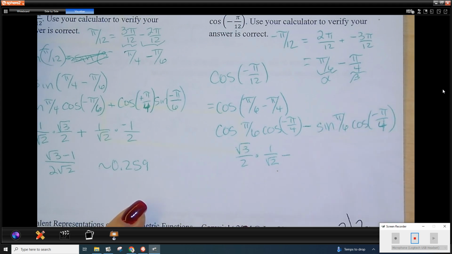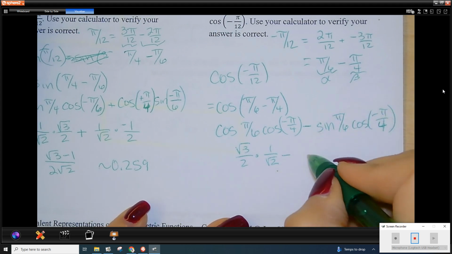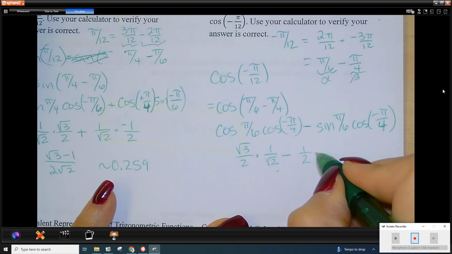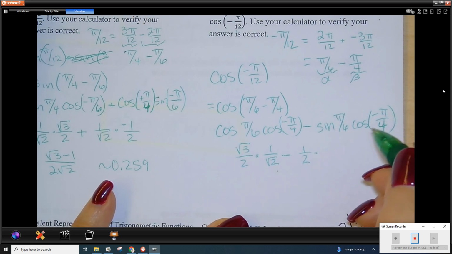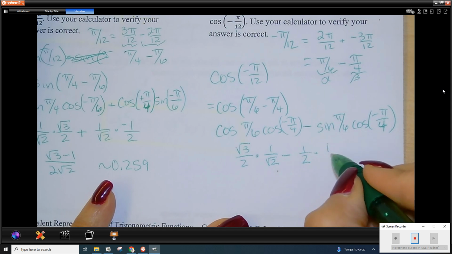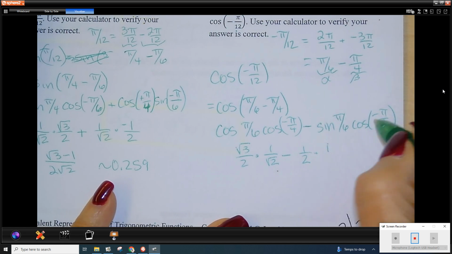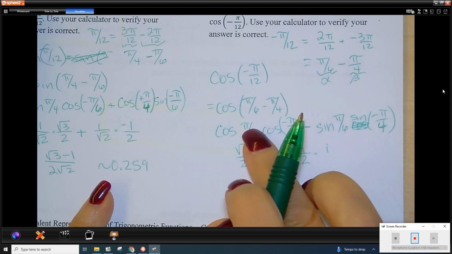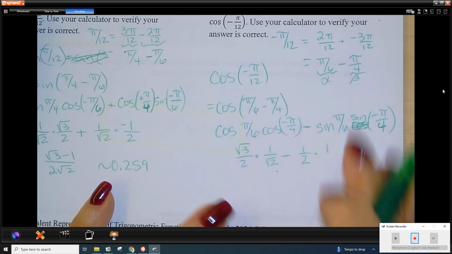Minus sine of pi over 6 times cosine of negative pi over 4. No, this should be a sine. I'm so sorry. Sine and sine. Cosine alpha beta, sine alpha beta. It's up here.